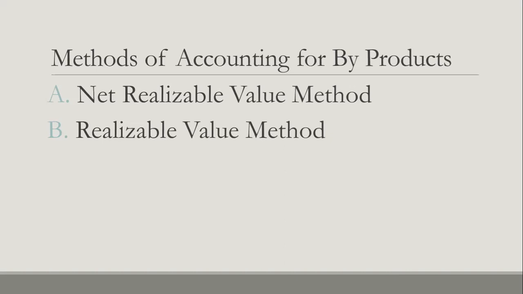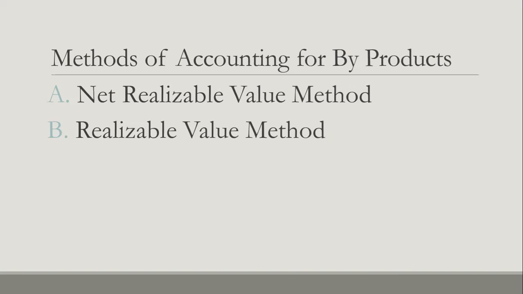First, the product is not the primary objective of the manufacturing operations. And the next characteristic is that the sales value of the byproduct is comparatively low as compared with the sales value of the main product.